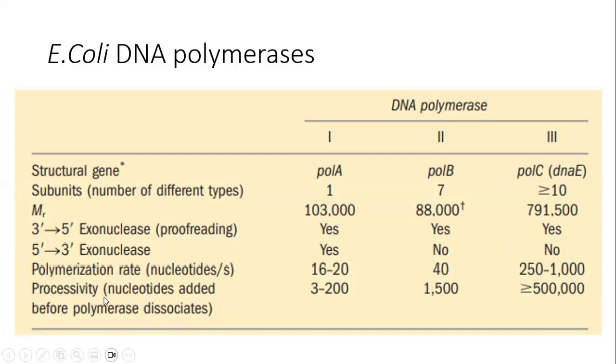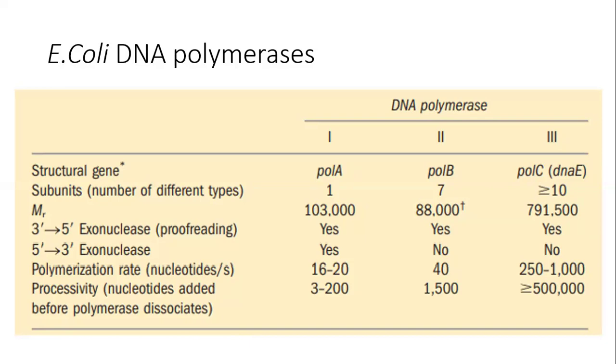Then comparing the processivity, which is basically the nucleotides added before the polymerase falls or dissociates. So during polymerization, after adding a fixed number of bases, the polymerase falls off from the DNA, and again it has to sit on the DNA and continue with the replication process.